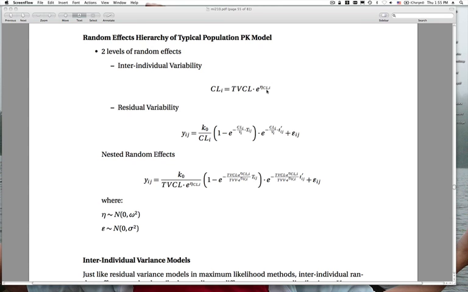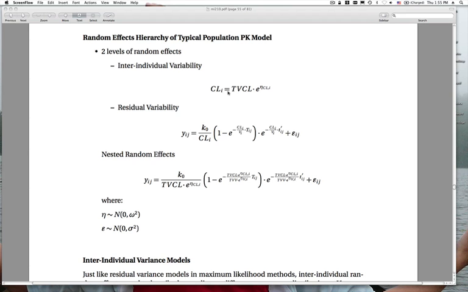The random effect enters in this model in an exponentiated fashion, and we'll discuss why we might want to do that in a few minutes. But the important point to know here is that the individual clearance is made up of a typical component and an individual specific random effect, which is to be estimated from the individual's data.